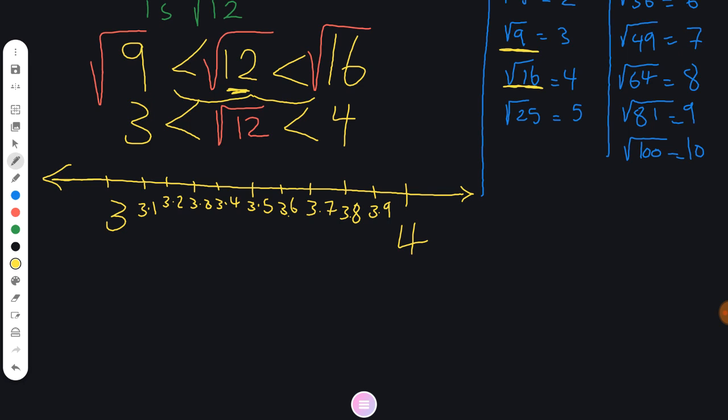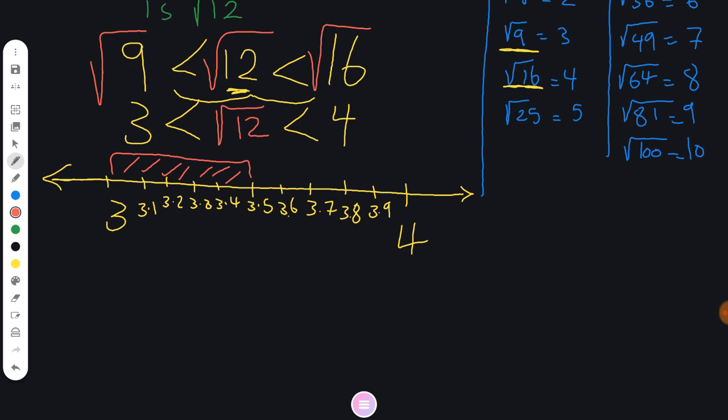So 12 is near to 9, so I think its square root will be in this area, near the smallest one. So it may be 3.1, 3.2, 3.3, 3.4. So now I know the square root of 12 is between 3 and 4.